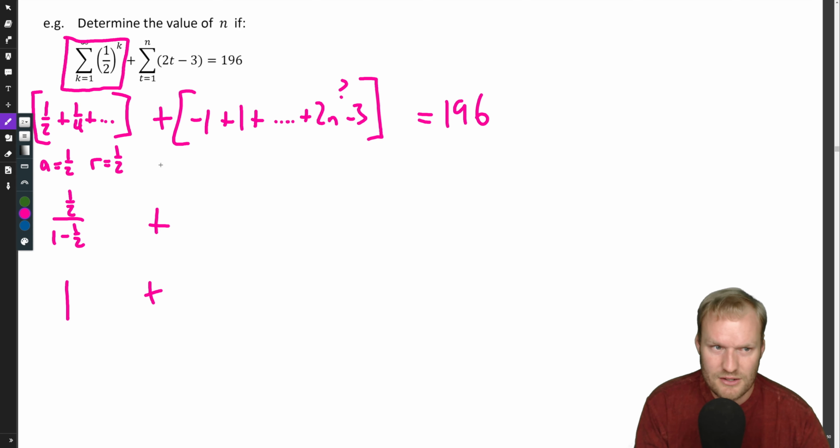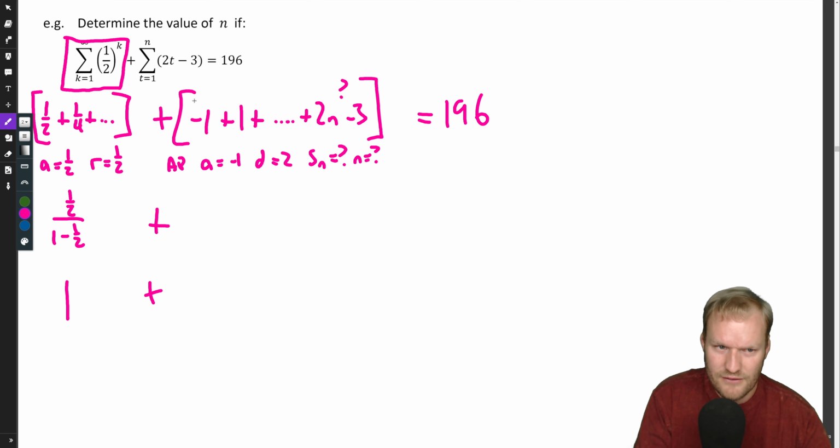Now this is an arithmetic progression. Our first term is minus 1. Our common difference is 2. And we don't know much else about it. It's a sum, but we don't know what the sum is, and we don't know what n is.